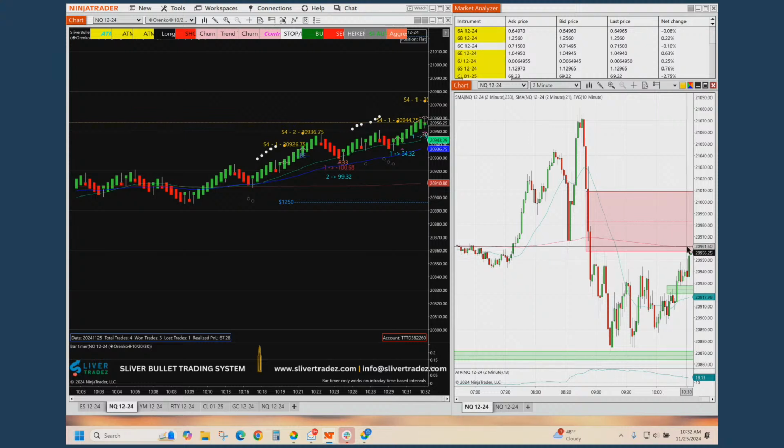So perfect. It respects 233. Those who have attended my webinars know I call it the river of life. Like how animals go to water, price goes to this river again and again, like a magnet.